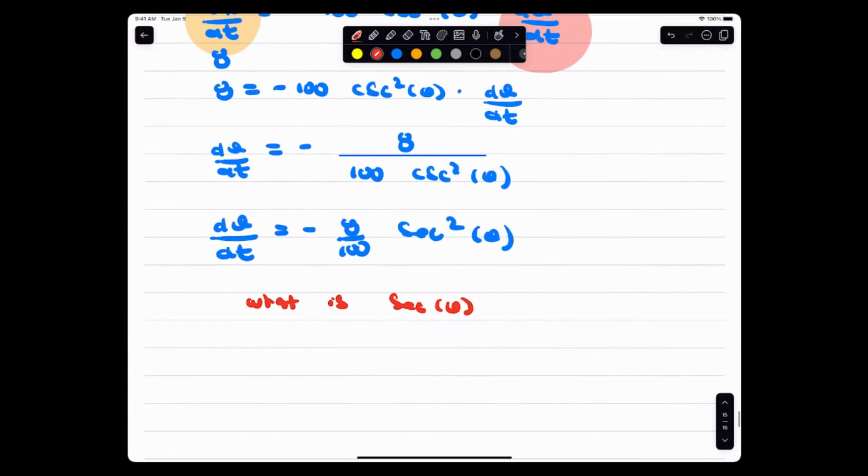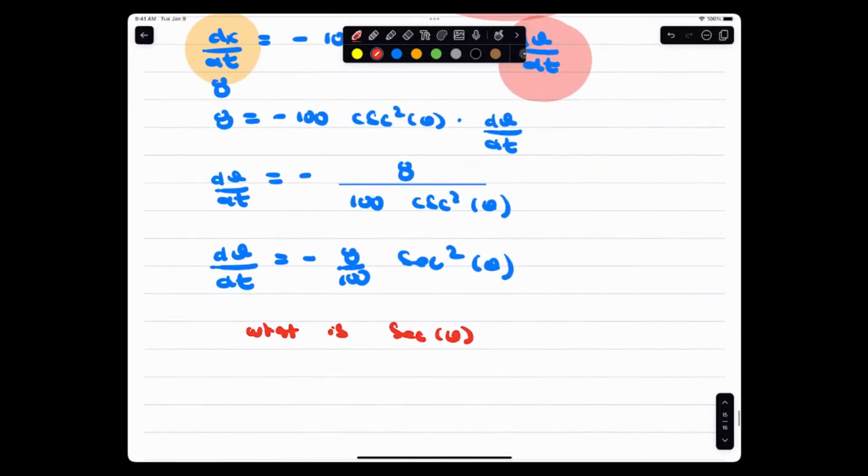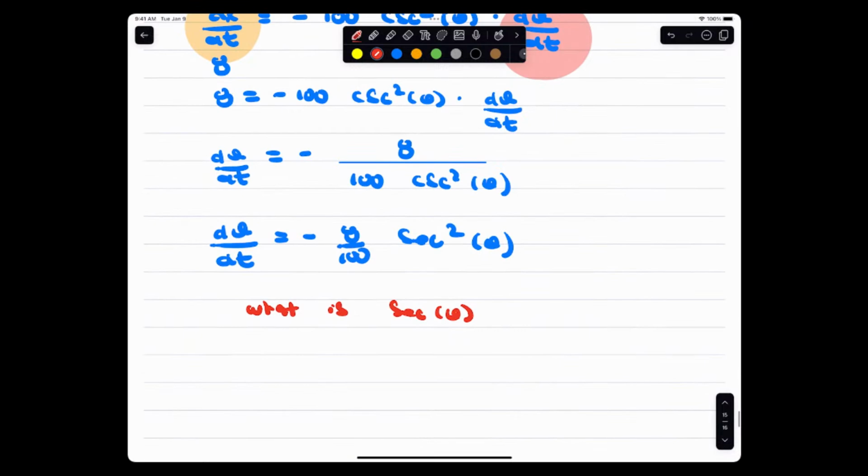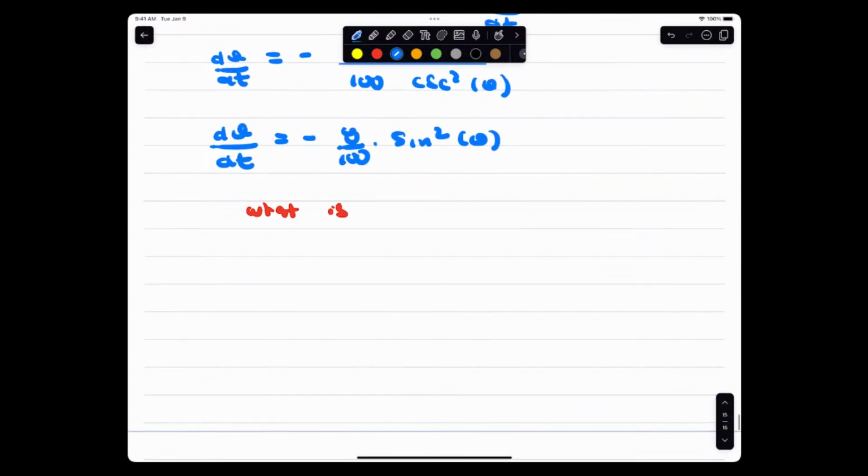Do I have that correct? Cosecant and secant? I think that might be wrong. What's the reciprocal of cosecant? Is that sine squared? That might be better. Okay.